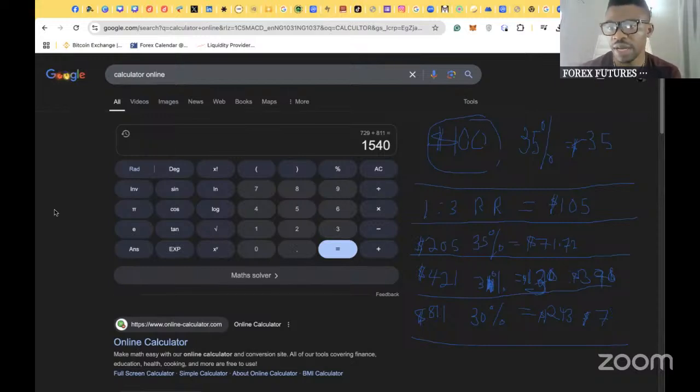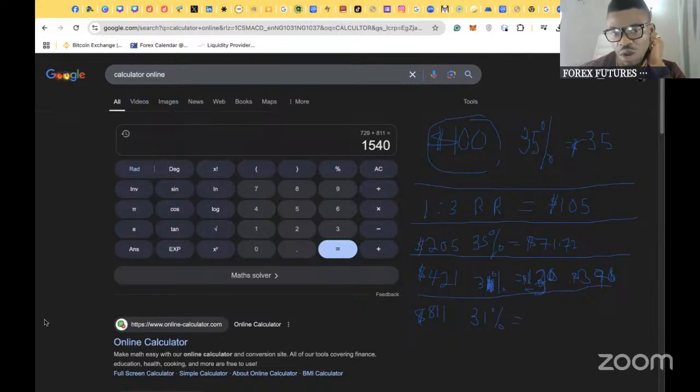We need to risk 31% for us to be able to get double of 800, which is 1,600.